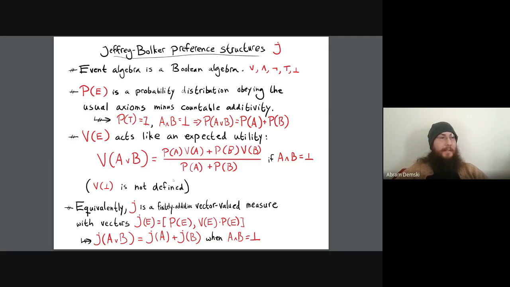Yeah, and so you don't have any underlying utility function. That's why this is called V instead of using the normal expectation symbol, because you just have V. You don't need to postulate a utility of which we are taking the expectation. Instead, you just have these values that act as if they were expected utilities.